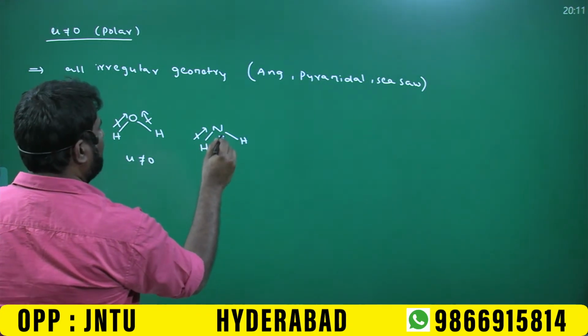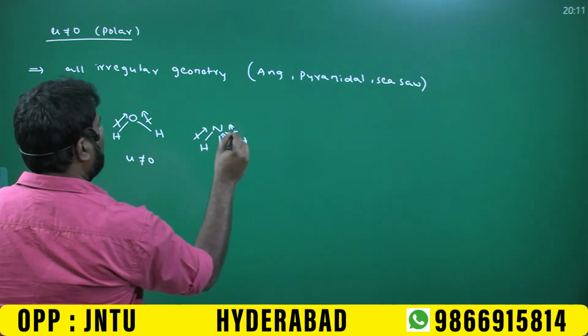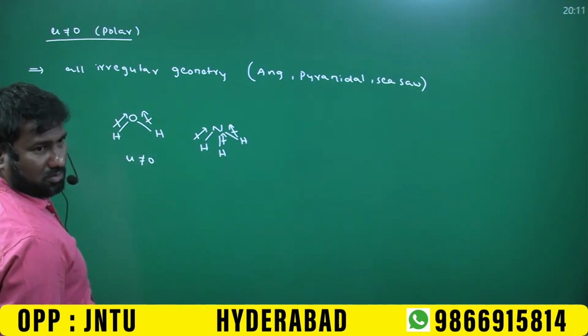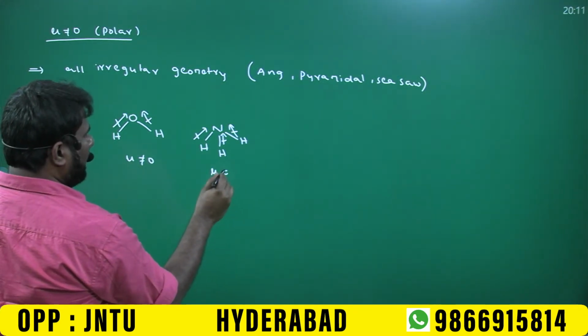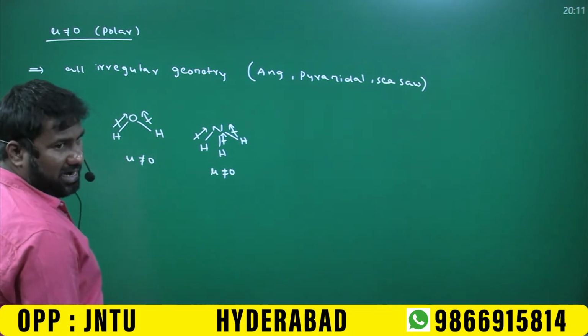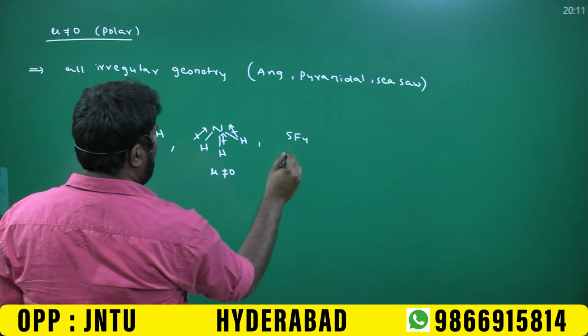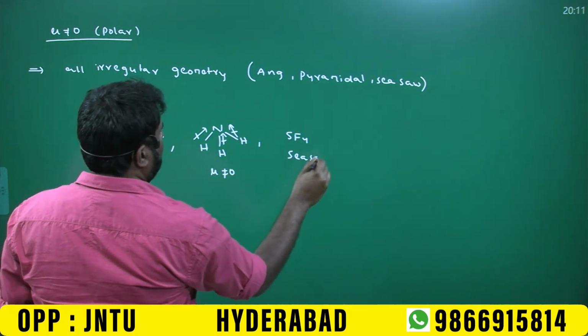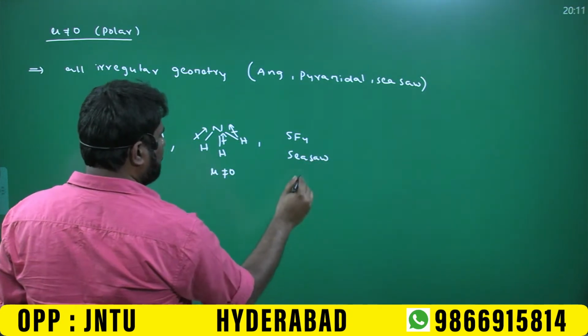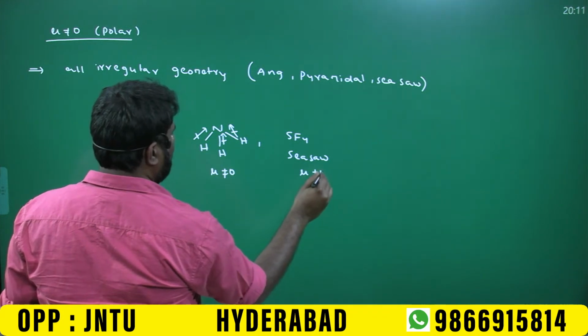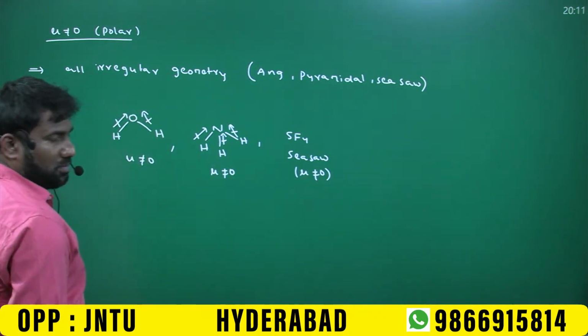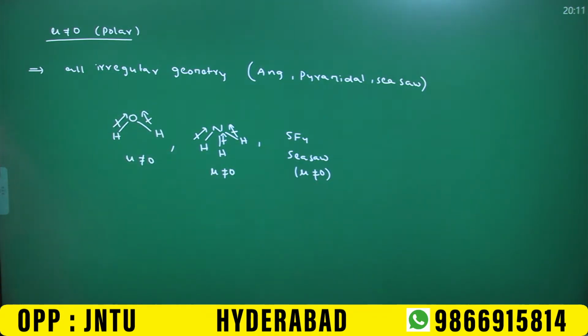In this plane, in this plane, in this plane. So, dipole moment is not equal to 0. Not only this one, we have many examples. SF4, seesaw. Dipole moment is not equal to 0. Any irregular geometry.